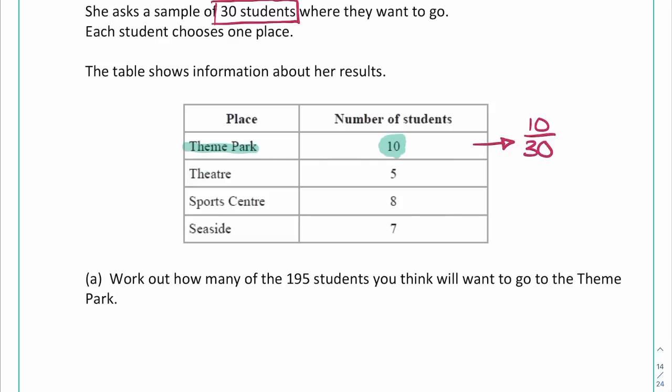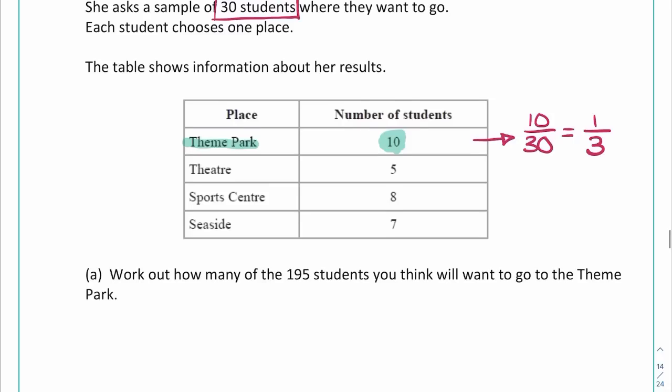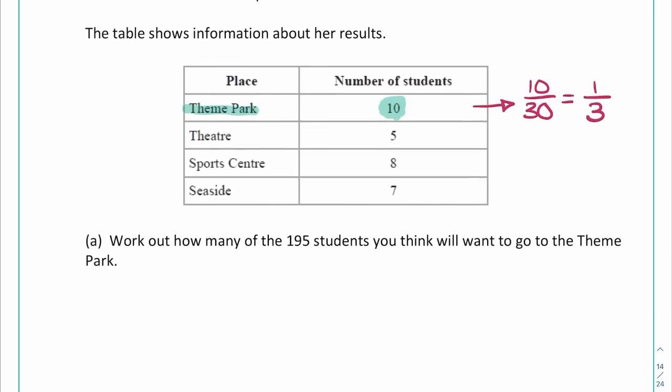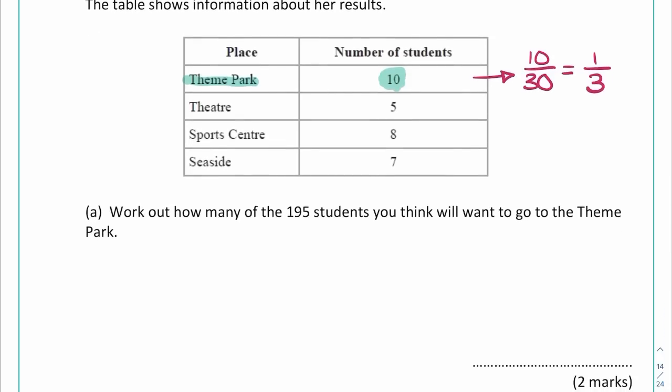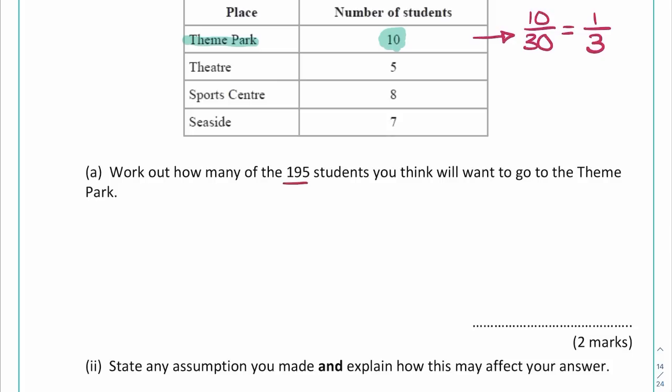So it can help to simplify this fraction if it can. They both divide by 10, so that's 1/3. So if this sample represents the rest of the students, then we would assume that 1/3 want to go to the theme park. So we just need to find 1/3 of 195. So I can write that down, 1/3 of 195. That's easy enough for me to do.